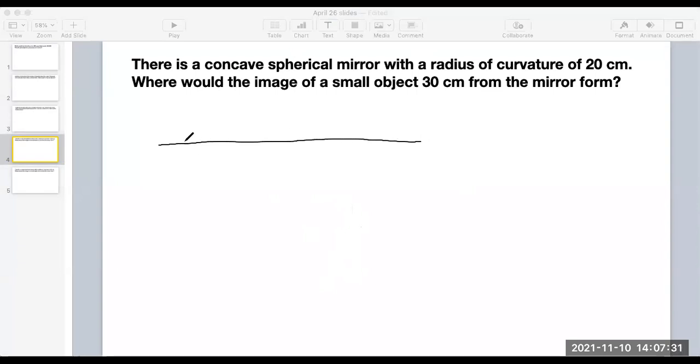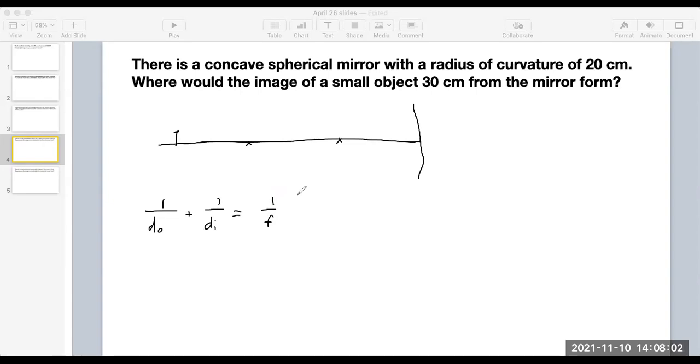So we're going to have our object, our radius of curvature, our focus, and our mirror all evenly spaced. So to follow the equation, 1 over our object distance plus 1 over our image distance equals 1 over our focus.